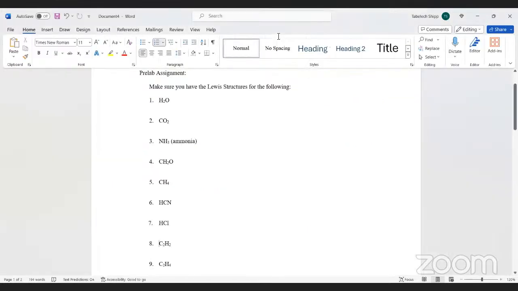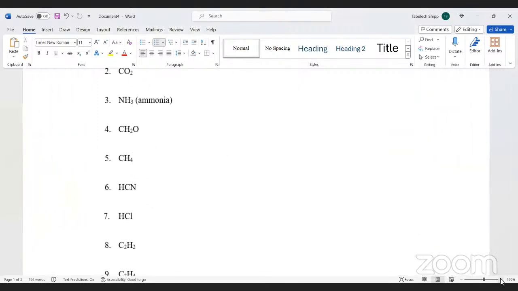Let me show you what I mean by that. See how in parentheses, let me zoom in so y'all can see this, it says draw out ammonia. They put ammonia, NH3. Well, here's the thing: you may have a teacher who may not have that listed. They may cover that up and just tell you to draw it out.